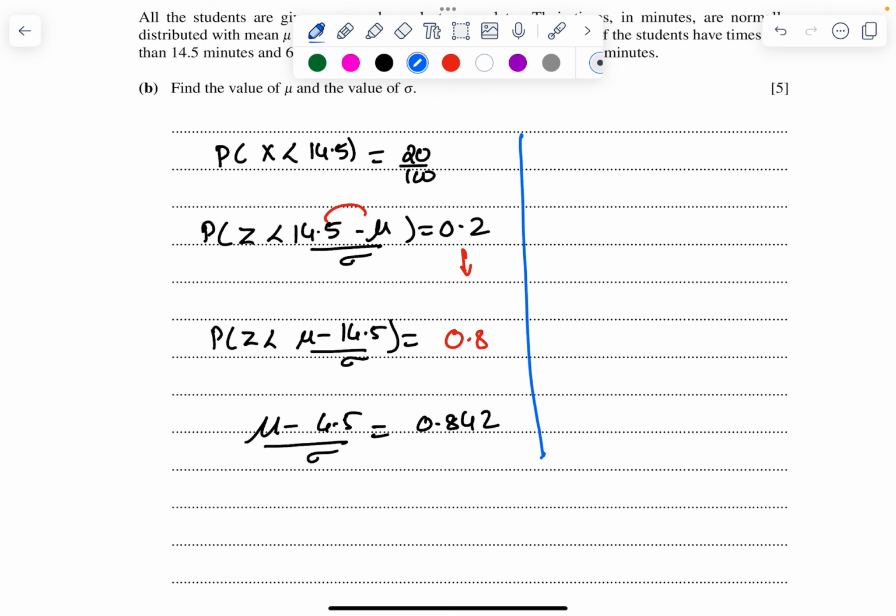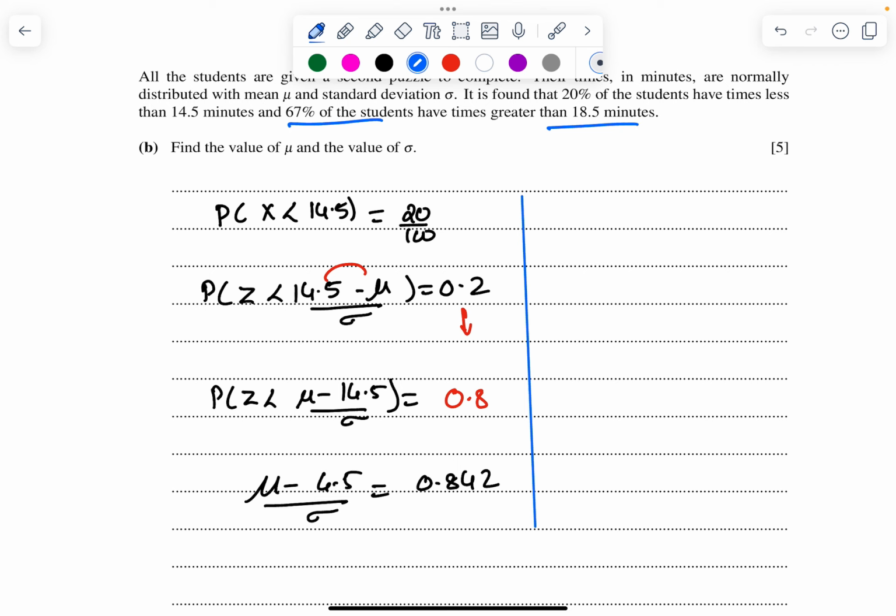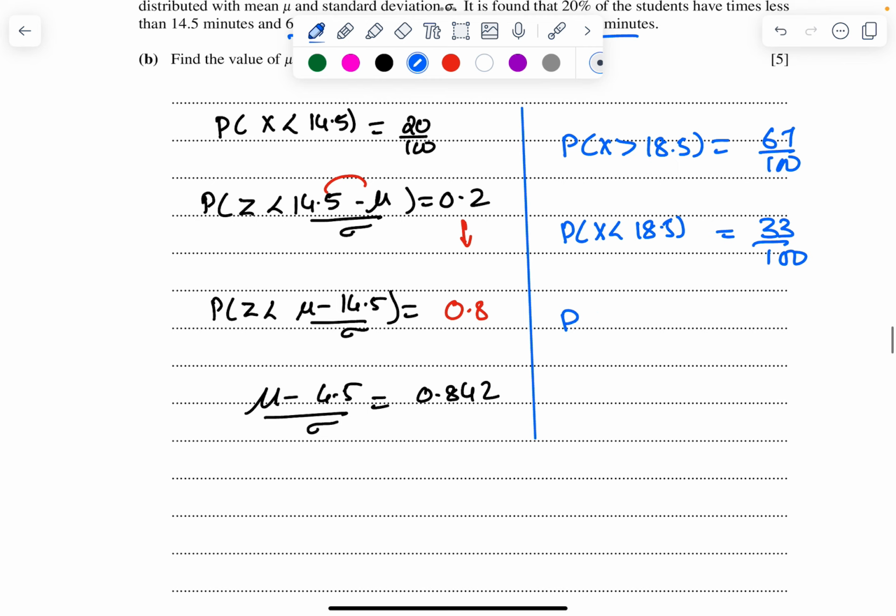Next one, what does it say? 67% are greater than 18.5. So probability of x greater than 18.5 equals 67%. So probability of x less than 18.5 will be the remaining 33%. So probability of z less than (18.5 minus mu) by sigma equals 0.33.